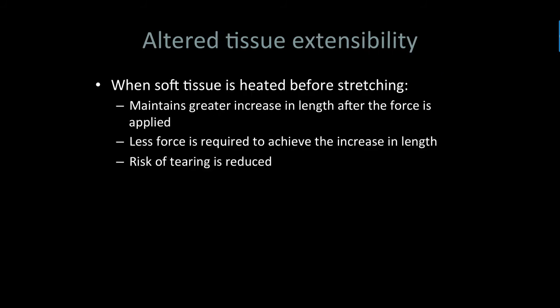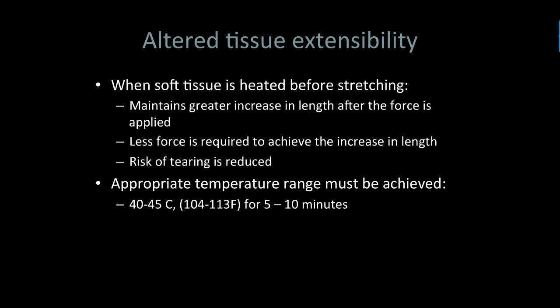All right, so one of the great uses of heat is being able to alter tissue extensibility, so we can stretch someone. When we do heat it up, we're able to maintain that length even after the force is applied, and it takes less force to get there, and we reduce the risk of injury by tearing.